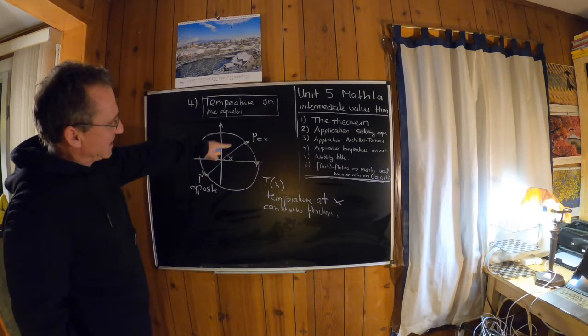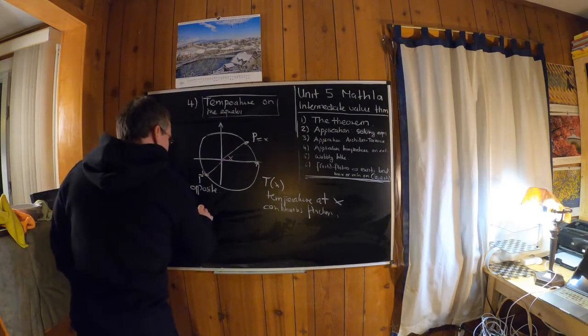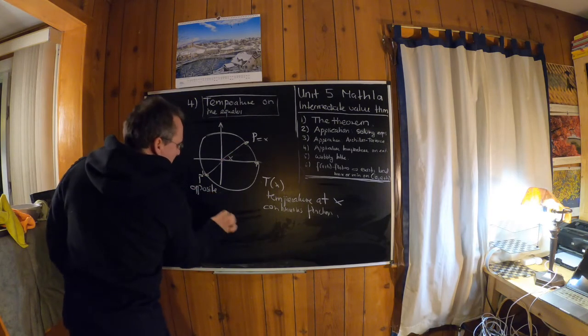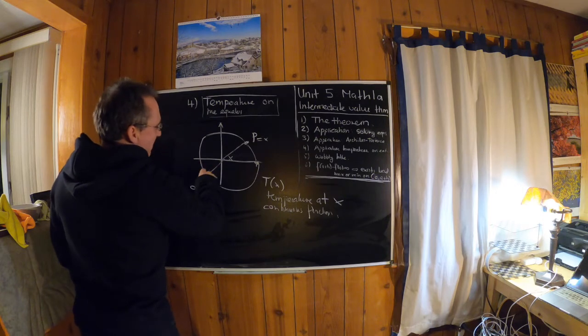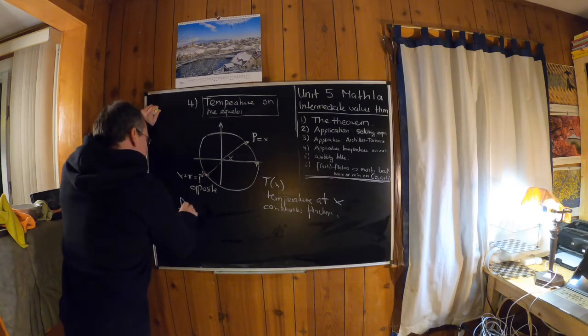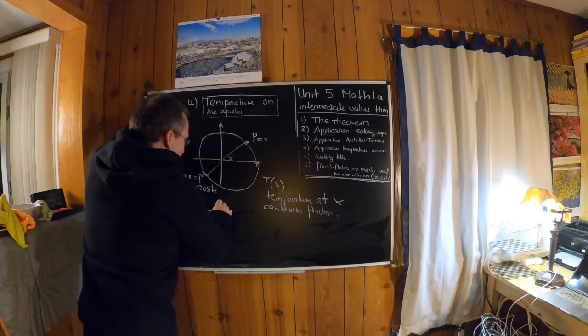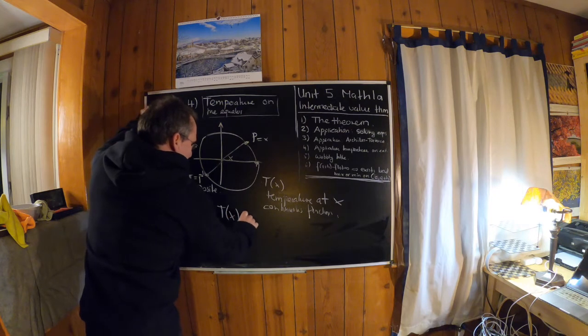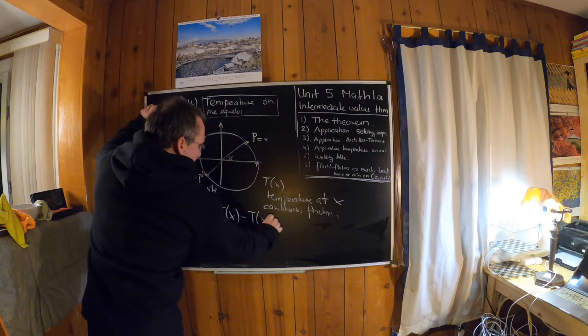We claim that there is a position where T of x is equal to T of x plus pi. In order to justify this, we define f of x equal to the temperature at x minus the temperature at x plus pi.